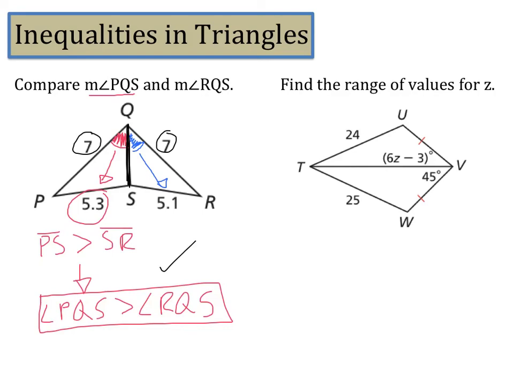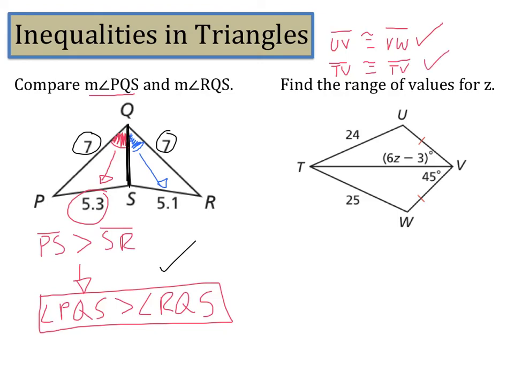Okay, for the second problem, we want to find the range of values for z. So let's see if we can use the hinge theorem. Well, we know that UV is congruent to VW, so there's one side. And then we know that TV is congruent to itself.